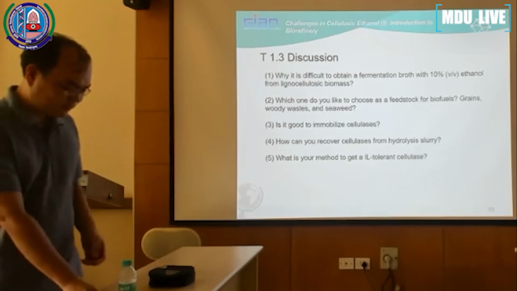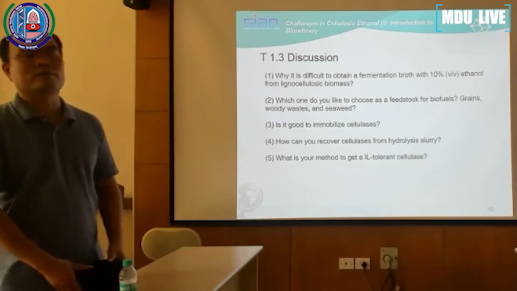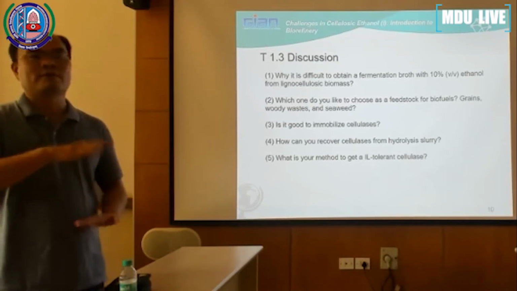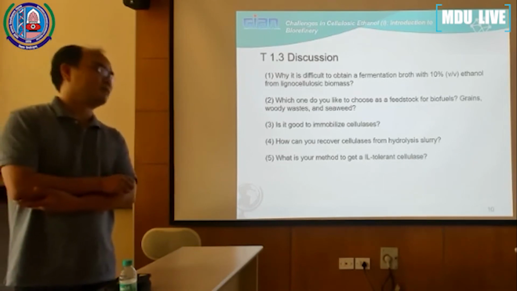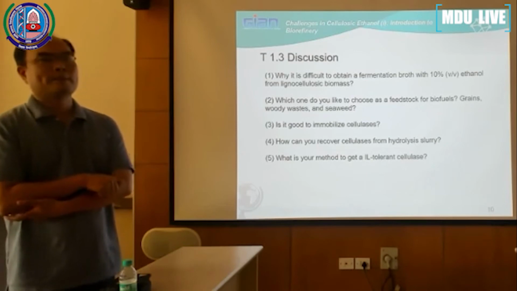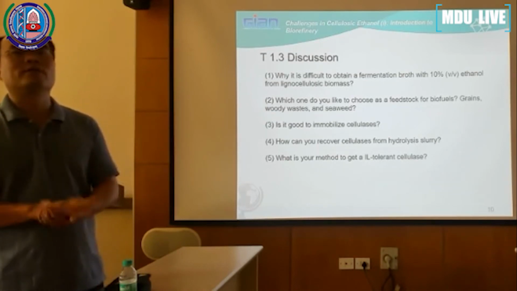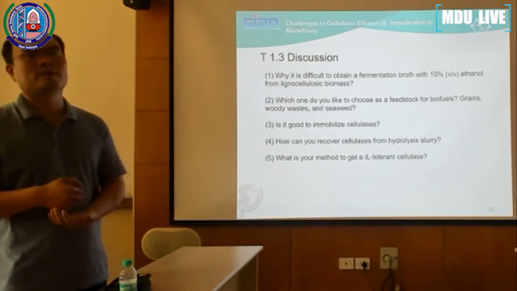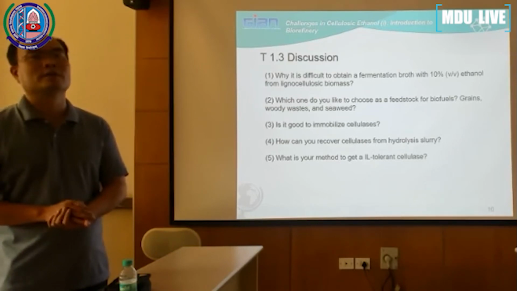CTEC2 is different from other cellulase enzymes because it has a very high content of CBH. In China, we have a lot of cellulase suppliers, but in that product the CBH content is very low, usually 10%, and 90% is glucosidase.